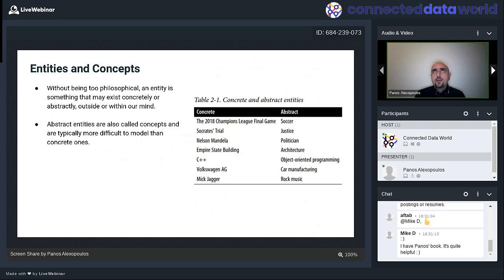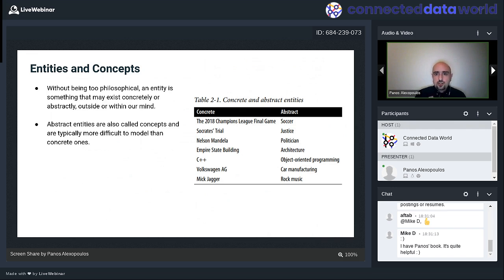So in the discourse about knowledge graphs, we tend to talk about people, persons, right? We talk about buildings, about locations, about organizations, which are rather concrete entities. But we also may have abstract entities, like, for example, object-oriented programming or rock music. So we can have film genres that are rather abstract, or we may have political ideologies that are also abstract.